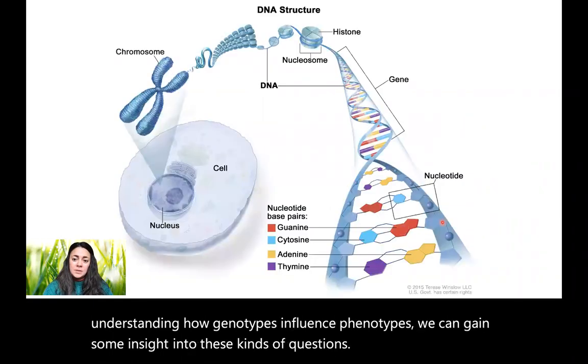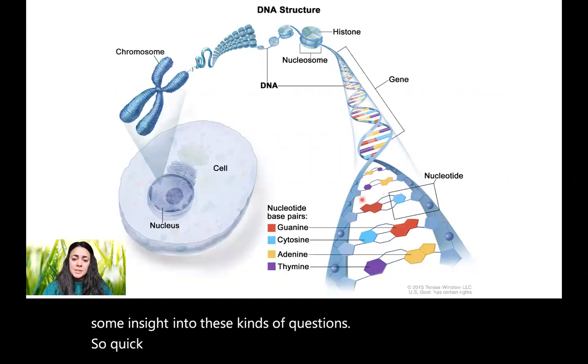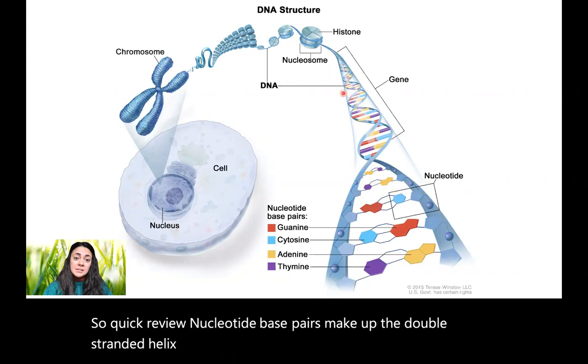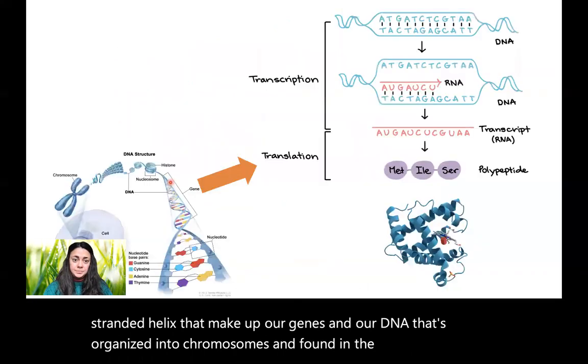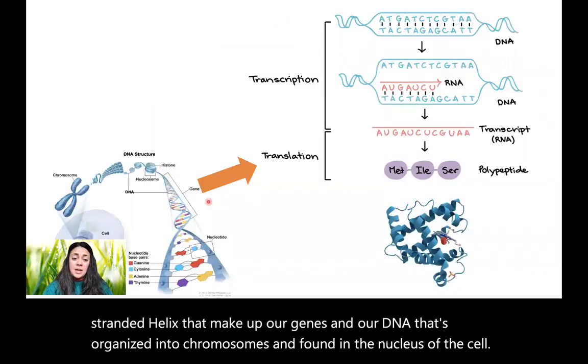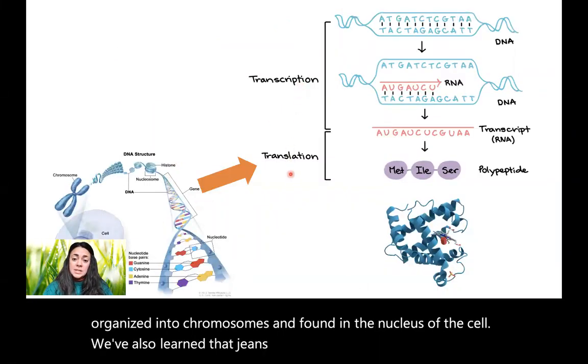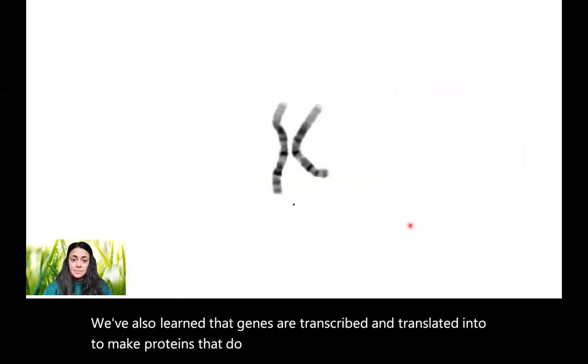So, quick review. Nucleotide base pairs make up the double-stranded helix that make up our genes and our DNA that's organized into chromosomes and found in the nucleus of the cell. We've also learned that genes are transcribed and translated to make proteins that do the work in our bodies.